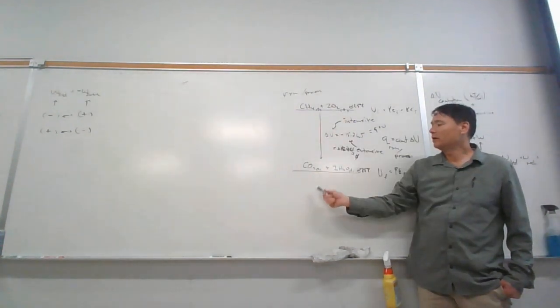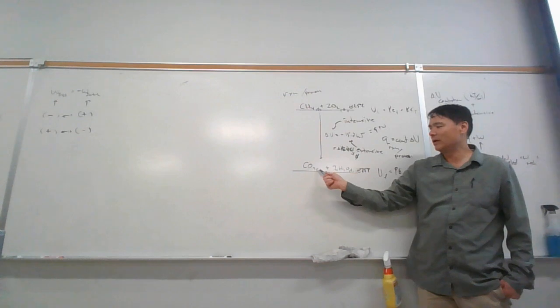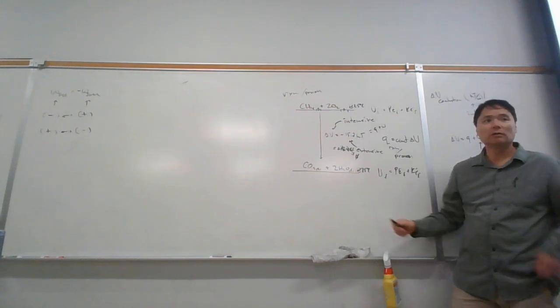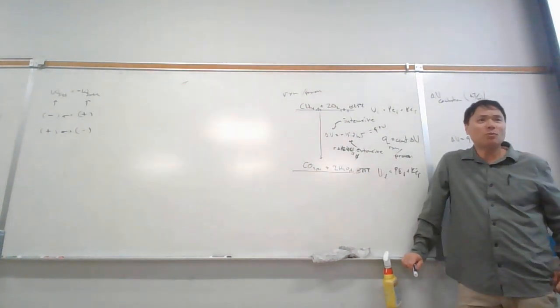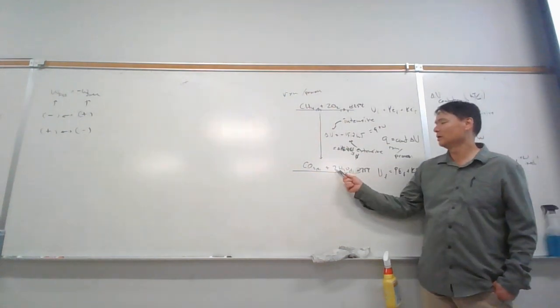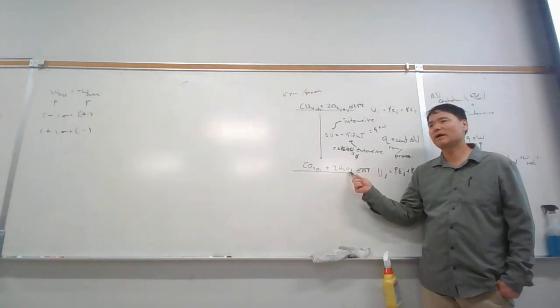Then we go down here. 1 mole of CO2 gas is going to be 25 liters. And then we have 2 moles of liquid water. 2 moles of liquid water, is that 50 liters? No. 1 mole of water is 18 grams.